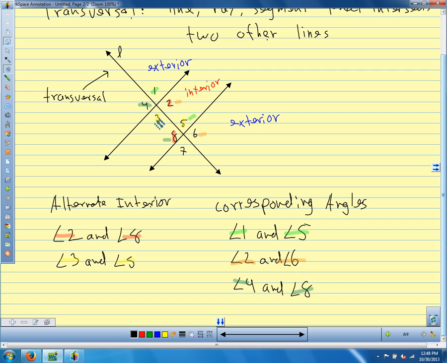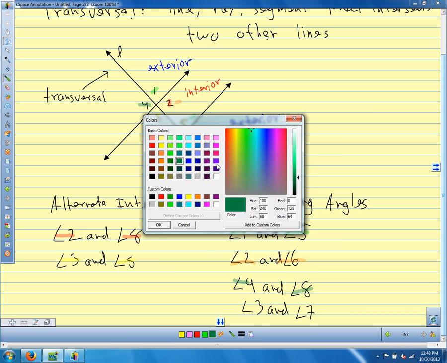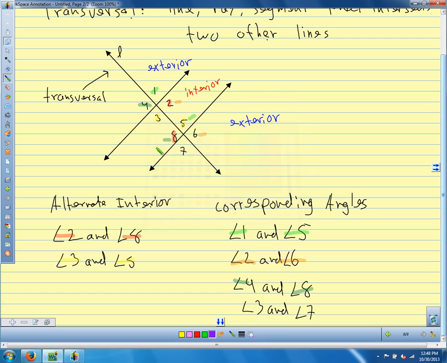And finally, angle 3 and angle 7. So these are to the right of the line and on the bottom side of the transversal. So do that one and then that one.